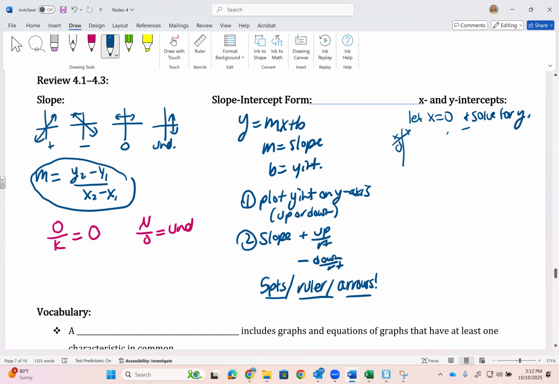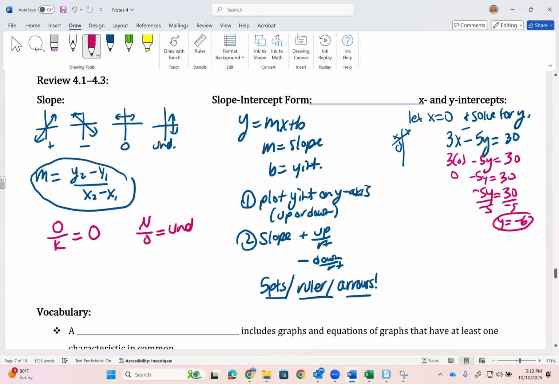Say that we've got 3x minus 5y equals 30. If you let x be 0, you would do 3 times 0 minus 5y equals 30. 3 times 0 is 0. 0 minus 5y equals 30. Negative 5y equals 30. Divide by negative 5. y equals negative 6. So this right here is the y-intercept.